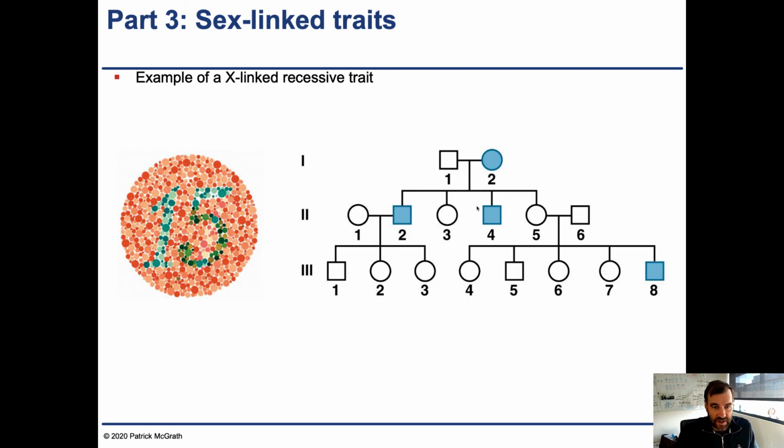So this, again, is an example of a sex-linked trait, color blindness. If you're colorblind, you would not see the number 15 within here. And this is an example of an X-linked trait. So this is recessive, but you'll notice that you have a situation where you can pass on the disease.